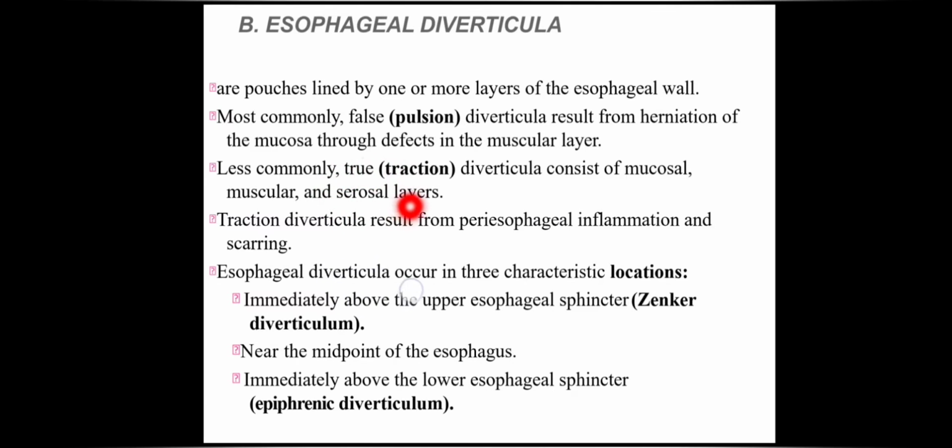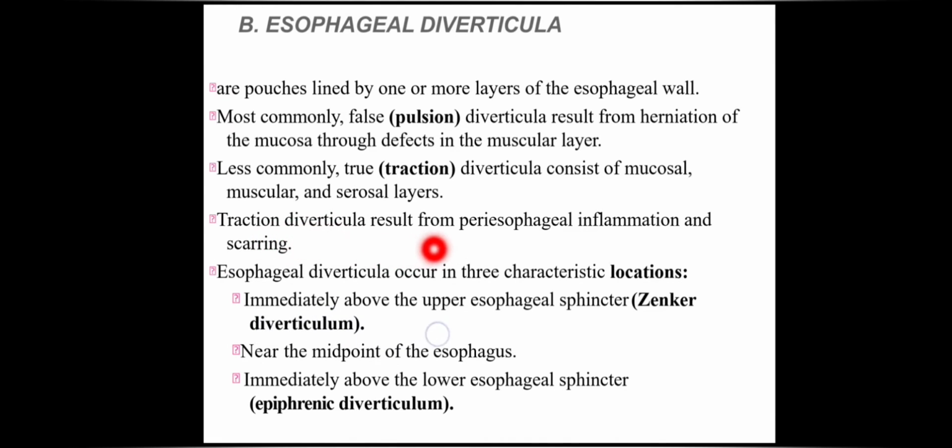The serosal layer is initially absent in the beginning, but when you go down it appears. So all three layers will be present in a true diverticulum, and in a false diverticulum only one or two layers will be present, mostly because of herniation of the mucosa through the muscular defect. So it's just a mucosal protrusion.